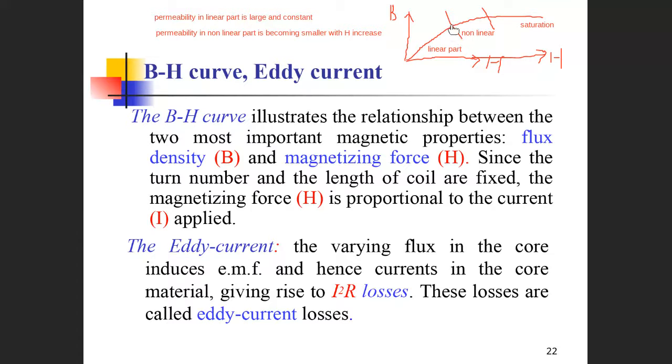In the nonlinear part, the permeability is becoming smaller with H increase. Okay, it's understandable. And when it comes to the saturation part, permeability becomes small values when the H increases.